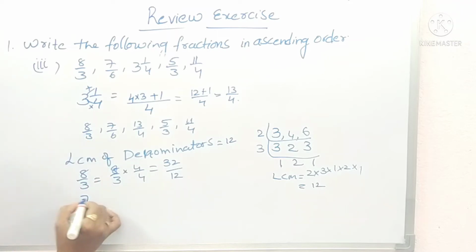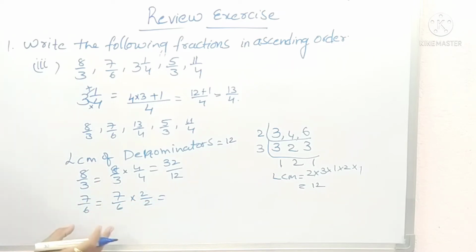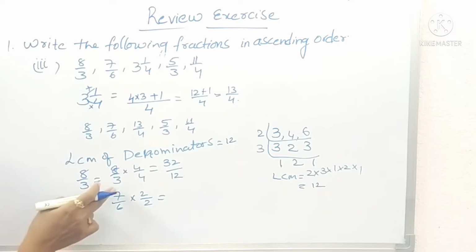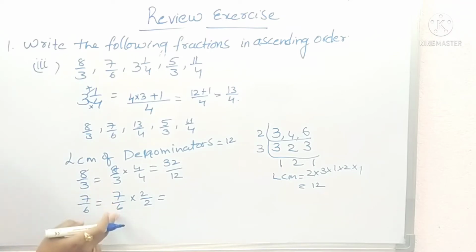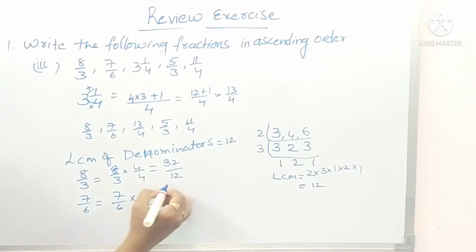Next one, 7 by 6. To get 12 in the denominator, we have to multiply 6 with 2. So 7 by 6 into 2 by 2. Whatever change we are doing must be in both numerator and denominator. So 7 twos are 14 and 6 twos are 12.